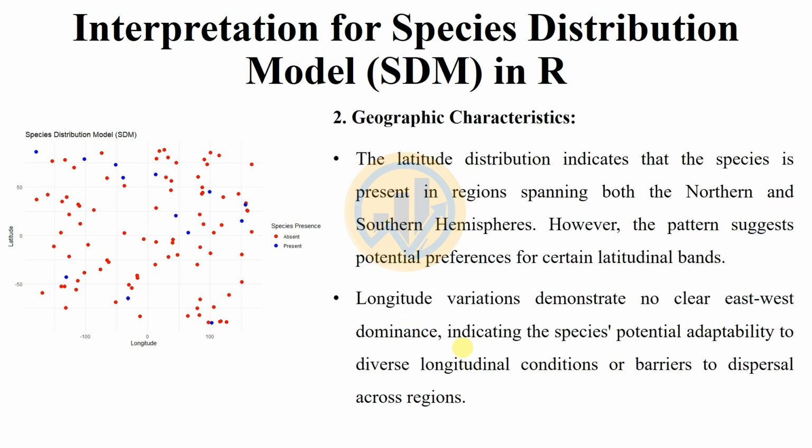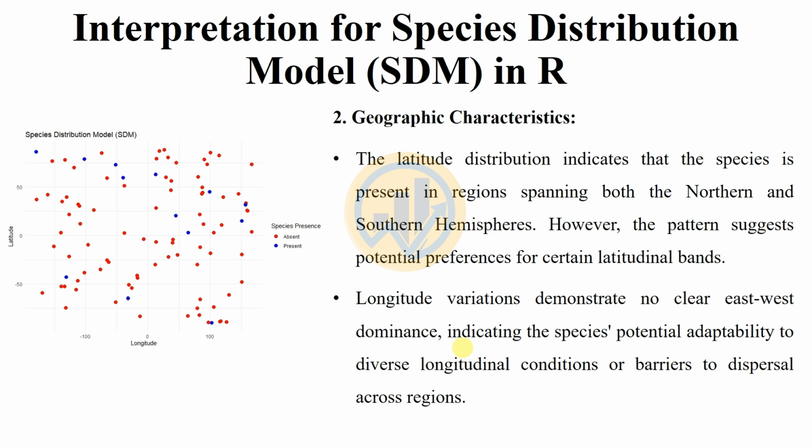The geographic characteristics. The latitude distribution indicates that the species is present in regions spanning both the northern and southern hemispheres. However, the patterns suggest a potential preference for certain latitudinal bands.